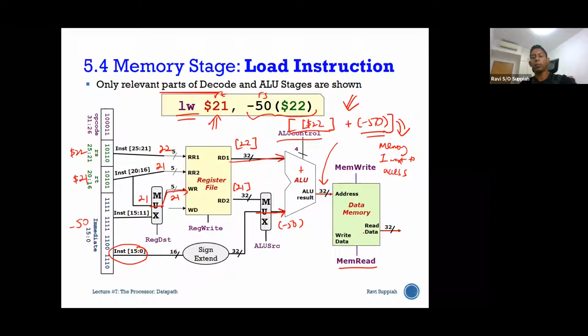So when I present to the data memory the address that I want to read from, and I activate the mem read line, what will come out? The data that I want will come out on the read data lines. You can see how everything is linked together and leading up to help us complete the whole instruction.